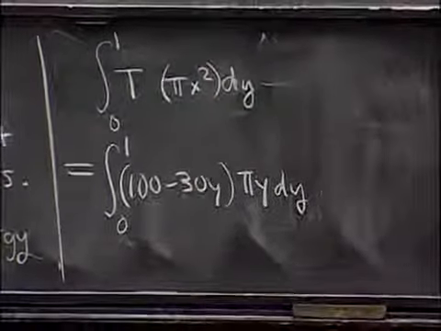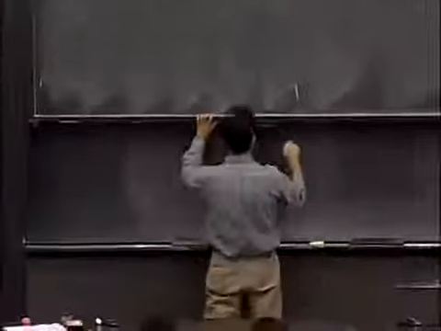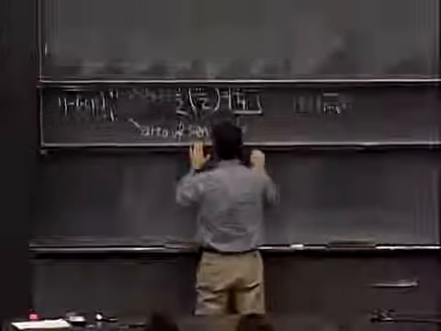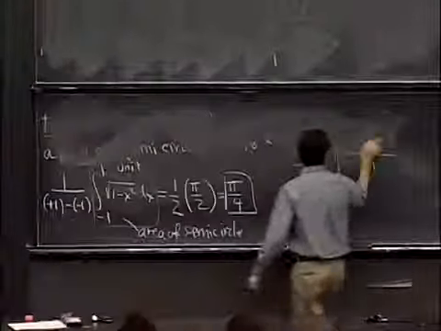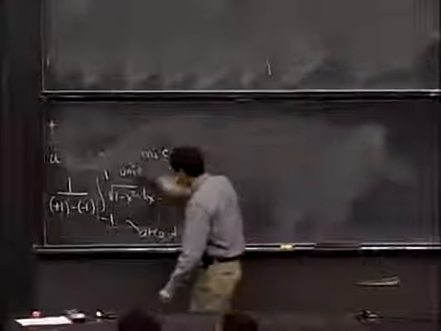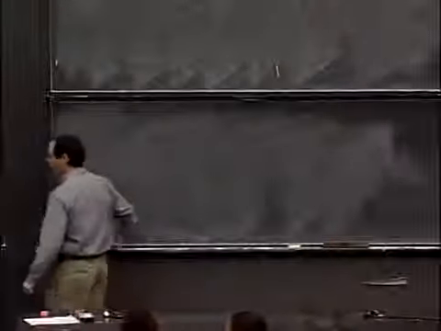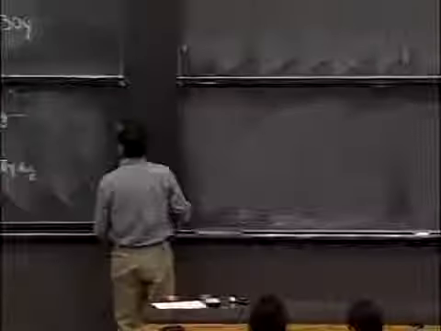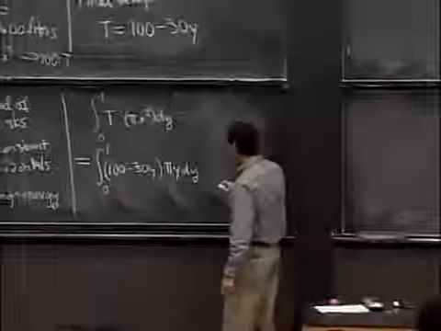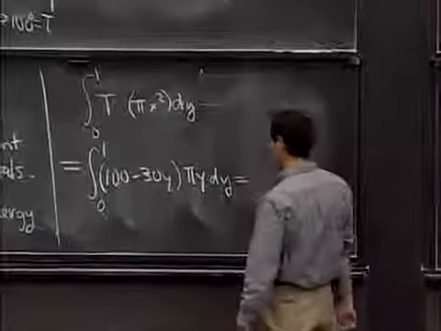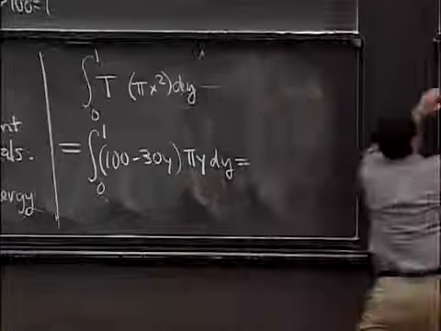Yeah, question. All right. Well, let's carry this out. Let's finish off the calculation here. This is equal to, what is it equal to? Well, I'll put it over here.